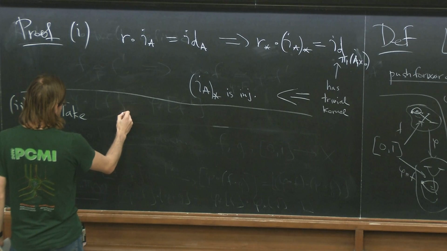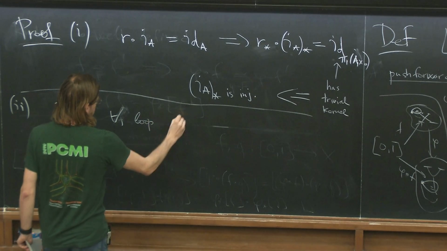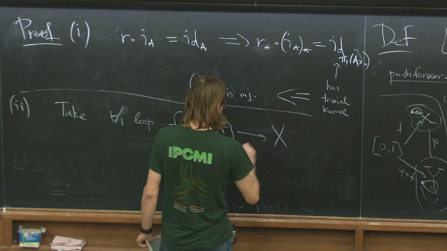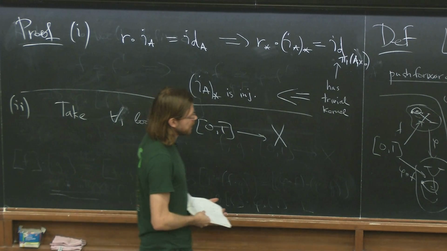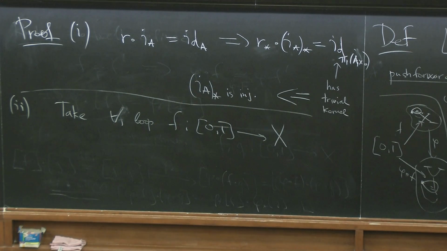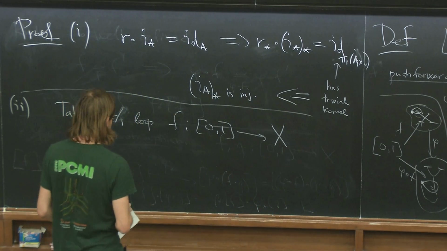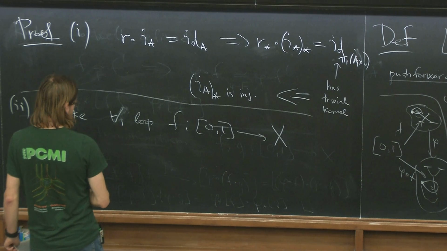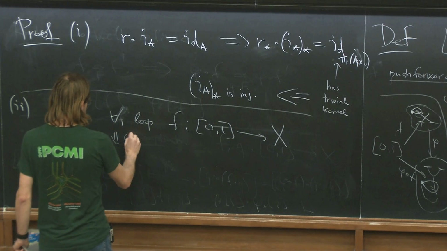We take any loop f in X, and we compose it with this homotopy, capital F.